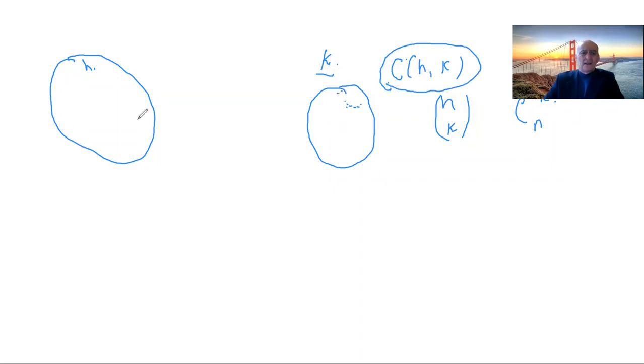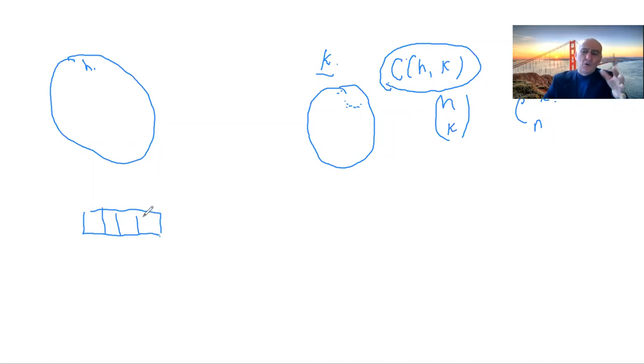Okay, now on the other hand, for example, I have again a set with n elements, and I have here k slots. I need to put k elements from this set in particular order.